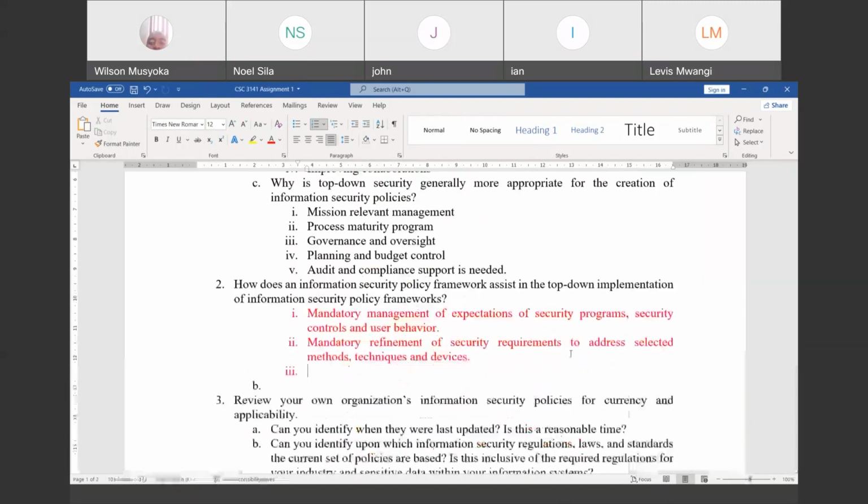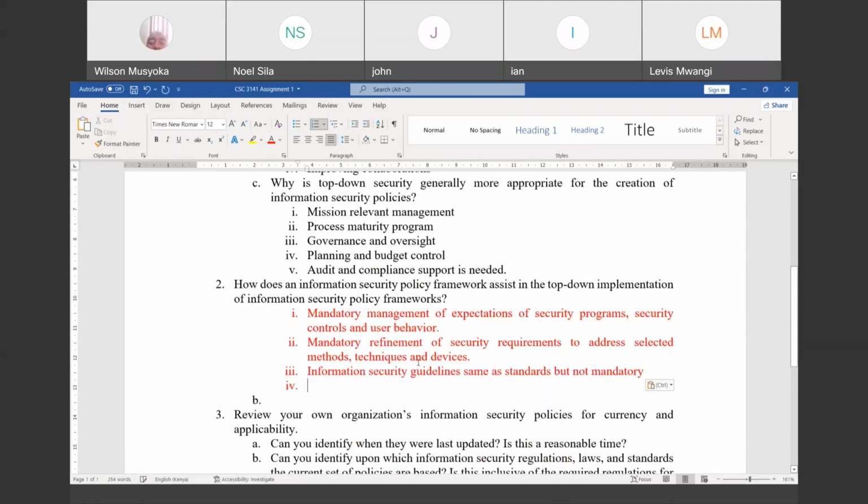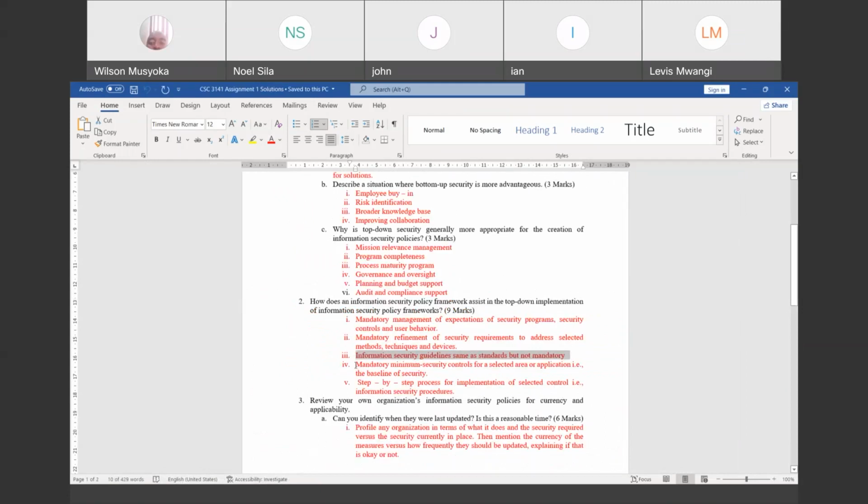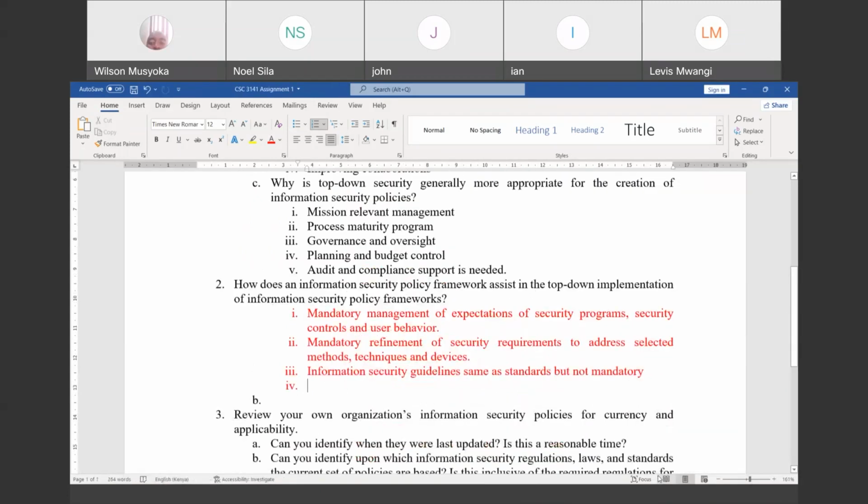We had said guidelines are just going to help you with how to implement a certain security feature, but they may not be mandatory. And then there's going to be mandatory security control for a selected area of application.